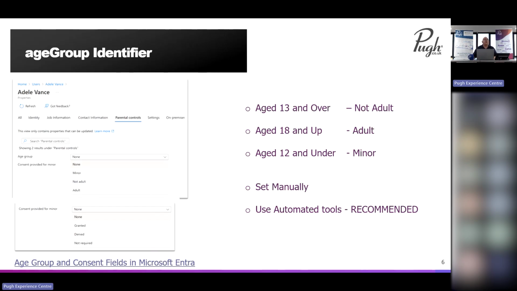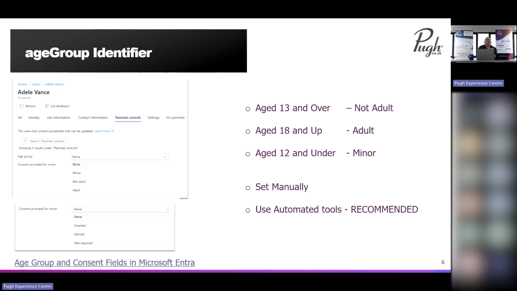First thing, you log into the Entra ID administrator as administrator, so that you've got the role that allows you to make modifications in there. And then you go to the individual user, go to parental controls, and there's two things you need to set in here.